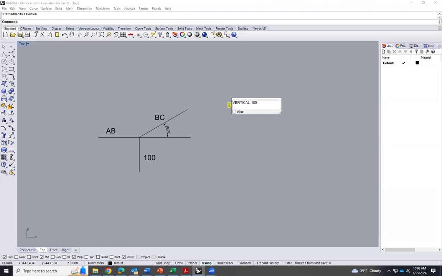Anything else? Nope. And then what goes up? That equals. And the only thing that goes up is the vertical component of this BC force. Okay, so that would be BC, and if it's a vertical component, it has to be sine 30. So that would be the vertical equation.